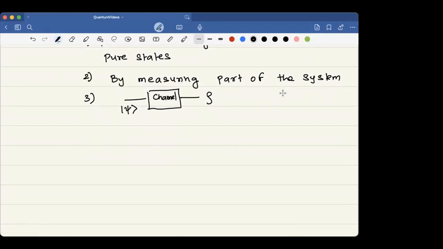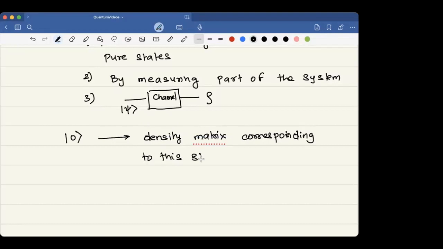Consider that you have a pure state such as ket 0. You can represent this as a matrix as well. The density matrix corresponding to this state is given by ket 0 bra 0.